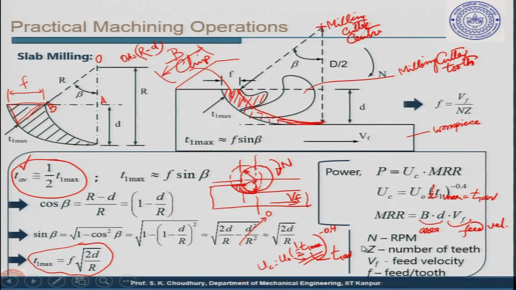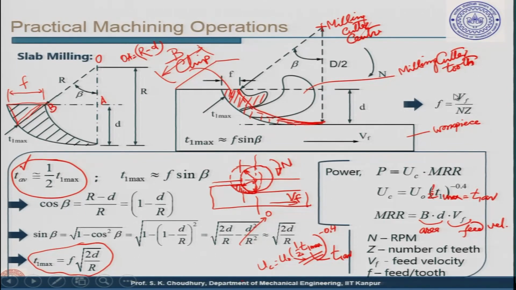Where the n and Z come into the picture: in case of milling, the feed is given as feed per tooth, because the number of teeth will be more than 1 or 2.